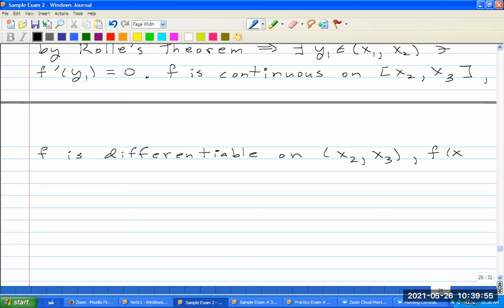And so it's also, except at the endpoints, it's also on the domain of the derivative. And so it's the open interval, therefore it's differentiable everywhere in the open interval. So f of x2 is 0 and f of x3 is 0.